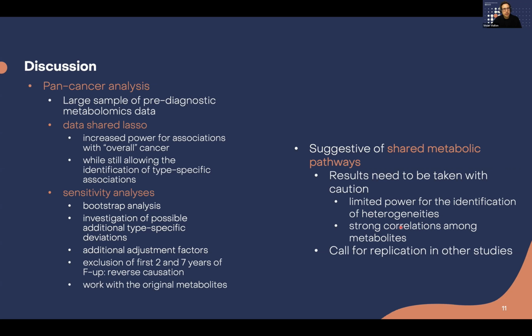And also, despite the clustering step that we applied, there were still some strong correlations among some of the metabolites or clusters of metabolites, and this, of course, hinders the unambiguous identification of the true metabolic predictors of cancer risk. And so, as usual, these results would need to be replicated in other studies.